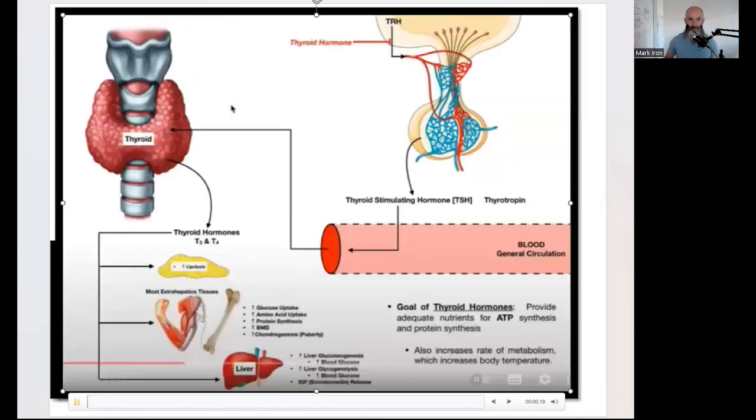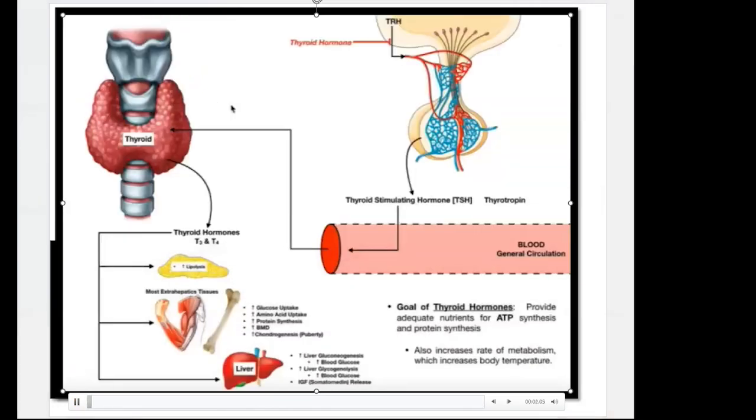It's powerful. Is to get the blood loaded with adequate nutrients. And so what we're going to see is that thyroid hormones are going to have effects on multiple tissue types to get the blood loaded with those nutrients. And in fact, it's going to be pretty much the same as what we saw for growth hormone, adipose tissue and the liver. Let's look at adipose tissue first.